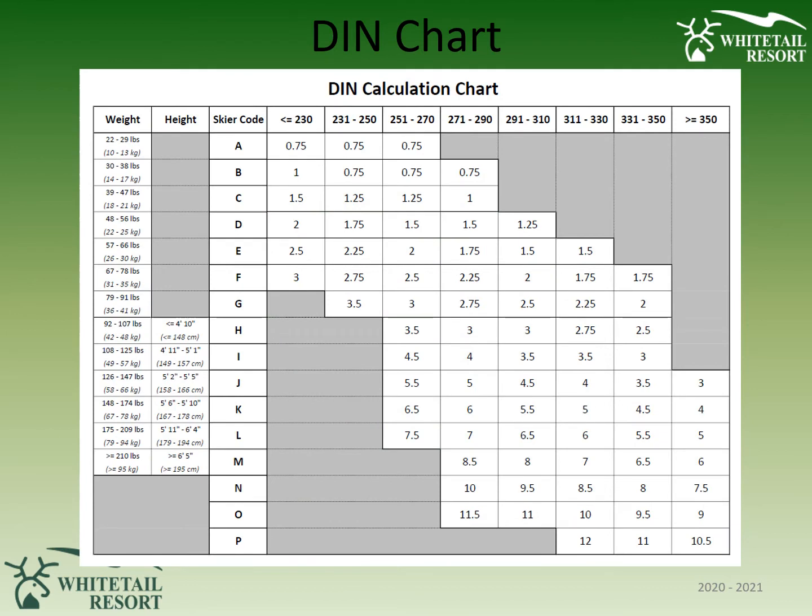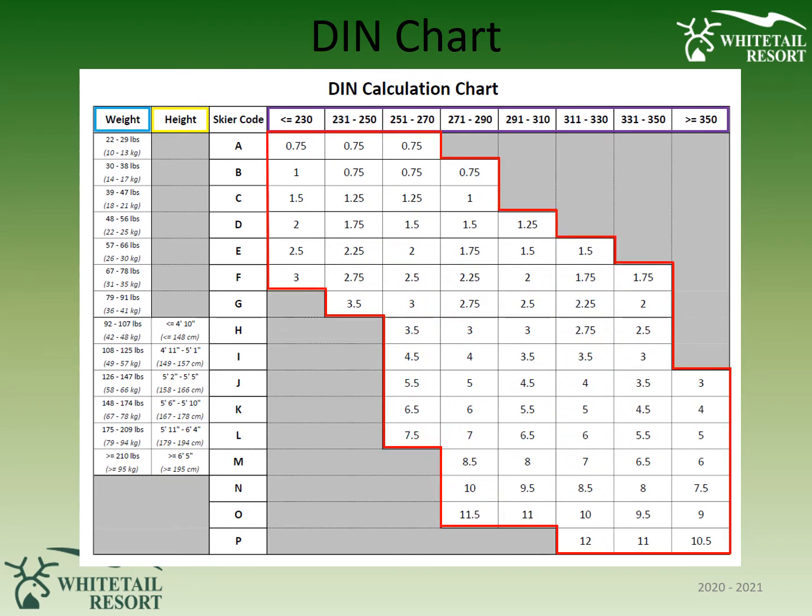This is the DIN chart and contains all the information you need to calculate the DIN: body weight, body height, and boot sole length. The numbers in the middle of the chart are the DIN settings to which you set the ski binding. When you have determined the DIN, you will annotate the skier code on ski rental documents.